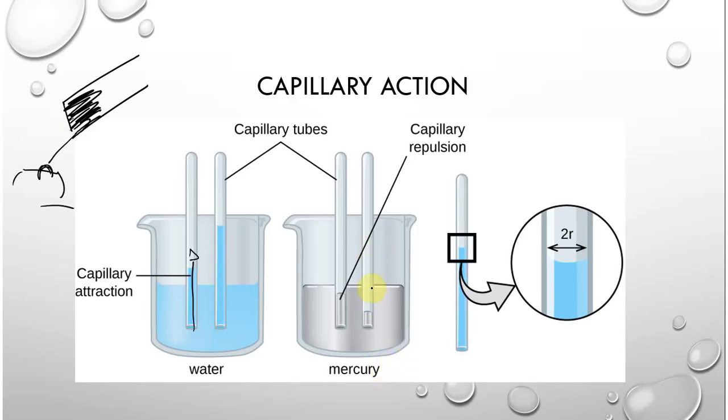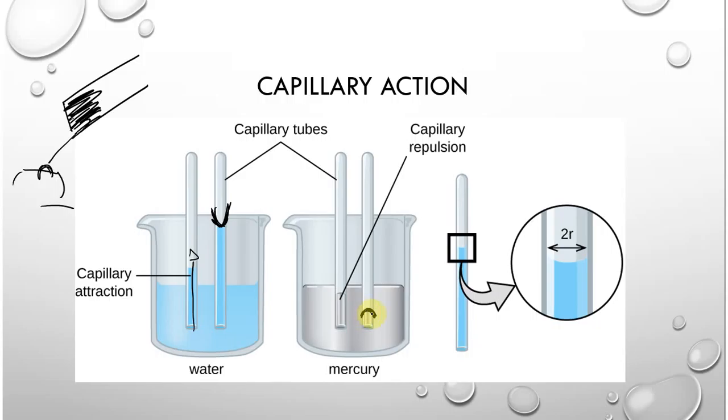The weaker your intermolecular forces, the less likely you are to go up. So here you can see, because water has really strong cohesive forces, but here even stronger adhesive forces, the water is drawn up this glass due to those adhesive forces.